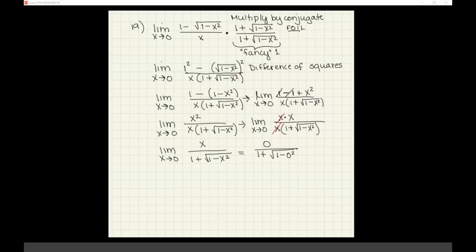Okay, now let's take a look. This is the square root of 1 minus 0. Well, that's 1. Square root of 1 is 1. So I have 0 over 2, and that's 0. After all that work, the limit's 0.